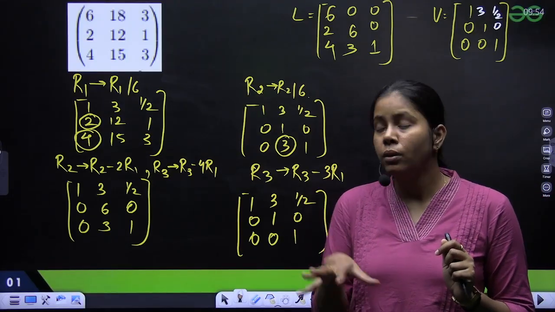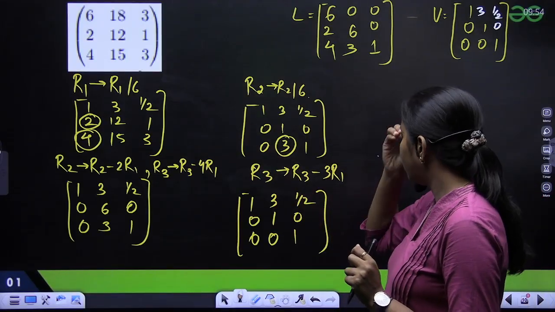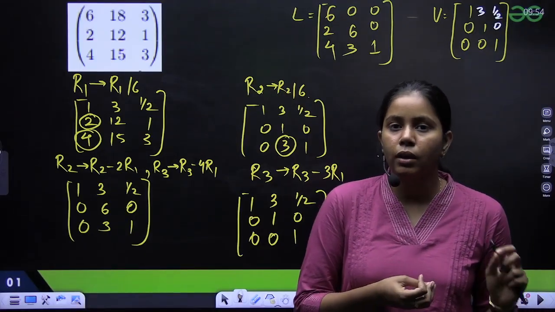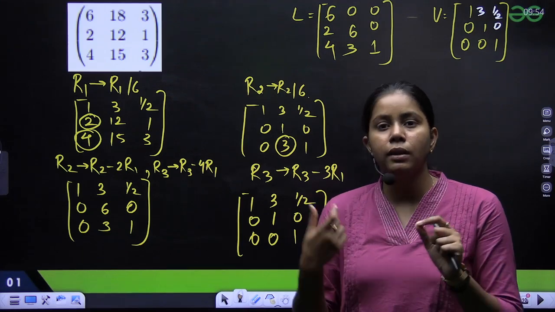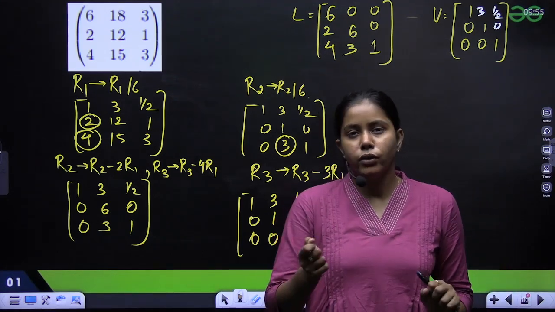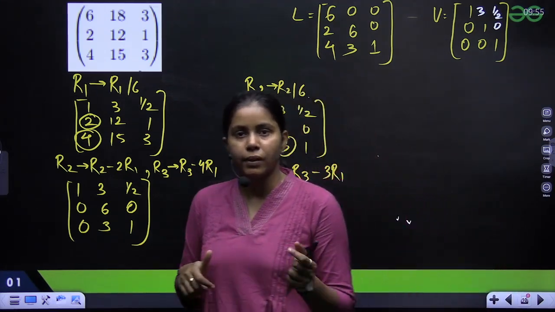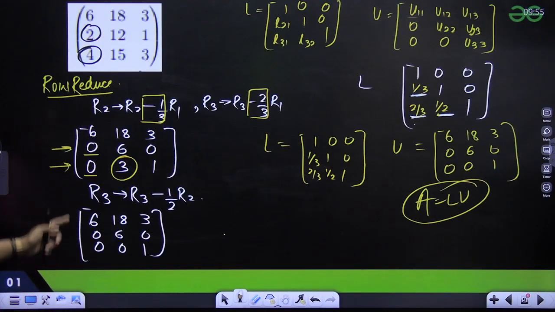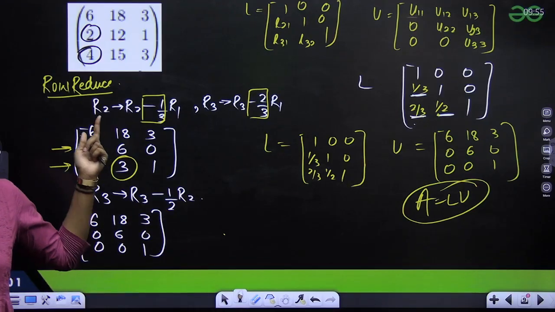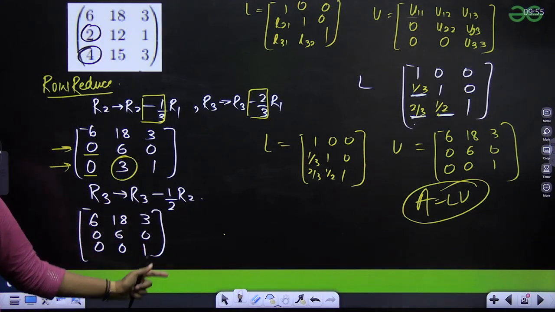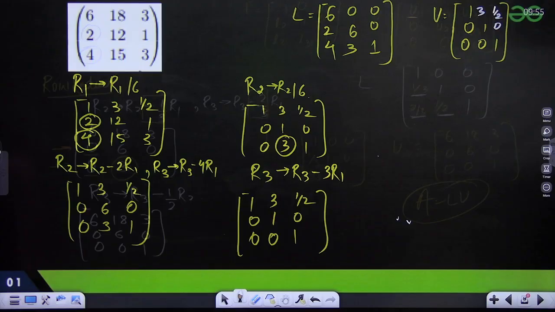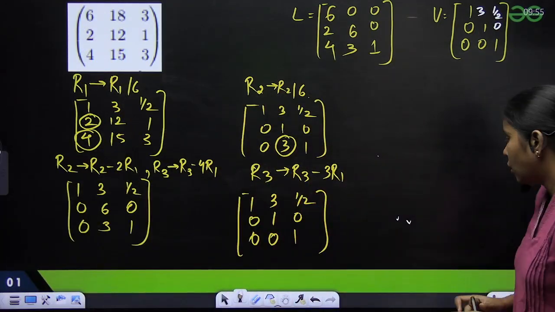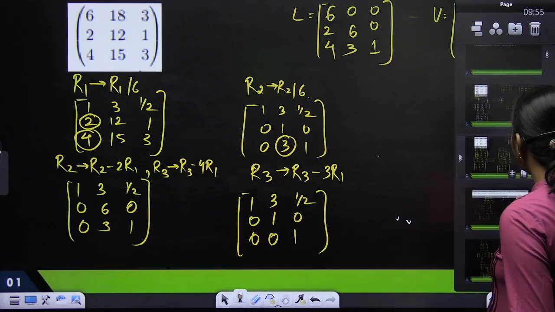So make sure, if you are required to convert into an LU decomposition and they haven't mentioned whether they want diagonal entries of L as 1 or of U as 1, and you are solving it yourself, take the diagonal entries of L as 1, because it has less work. Here I have to use 4 operations, while in the last video it got completed in 2 steps, right? So I think this LU decomposition topic is clear. Now let's solve one question that they have asked in the GATE exam.